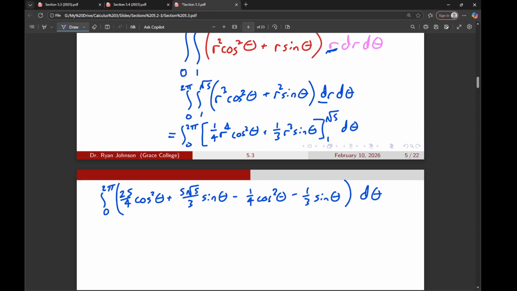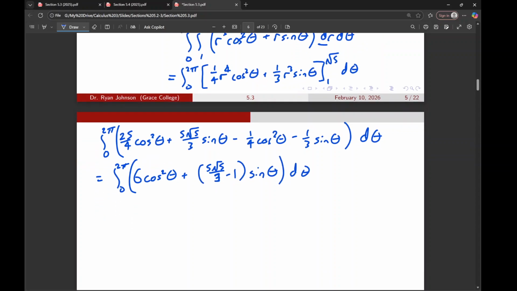d theta. Let's combine our like terms before we integrate with respect to theta. So 25 over 4 minus 1/4 is 24 over 4, otherwise known as 6. So 6 cosine squared theta, plus the other one is not as nice, 5 square roots of 5 over 3 minus 1, a bad 3, times sine theta d theta. Now you might notice that this guy needs to be changed.